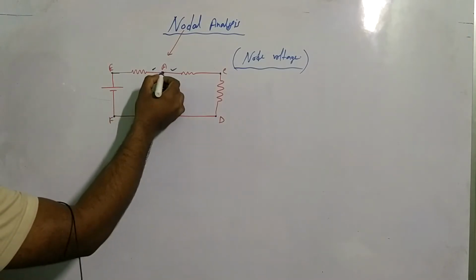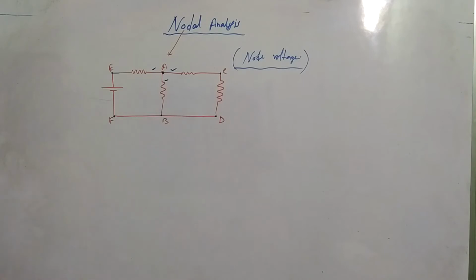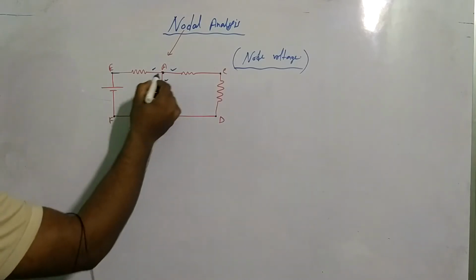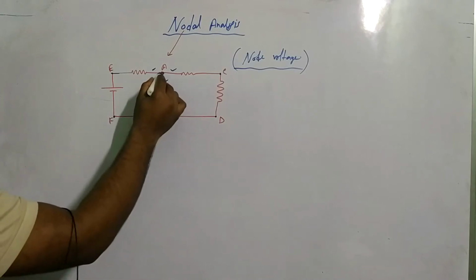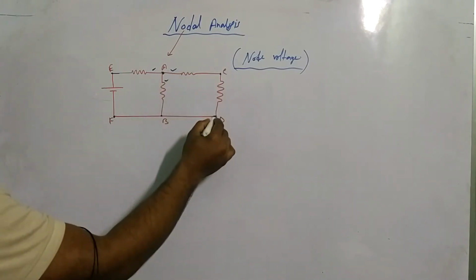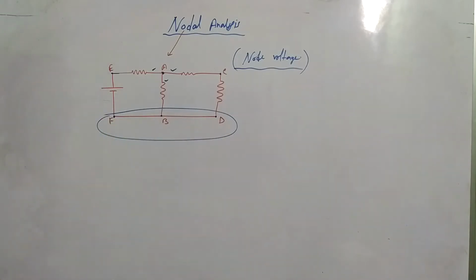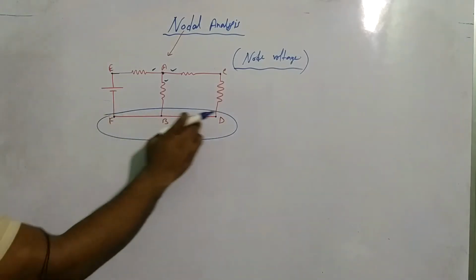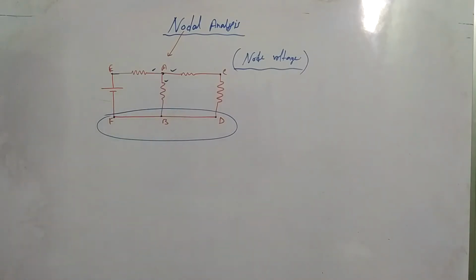So from the node to ground, this voltage is called node voltage. That means this is also ground, fully ground. From this node to the ground is called node voltage.